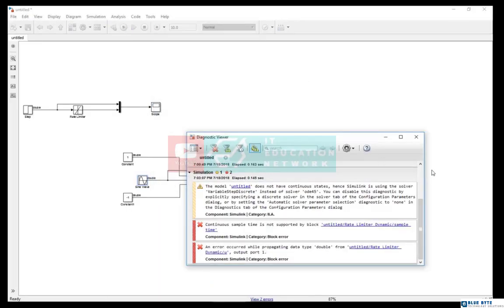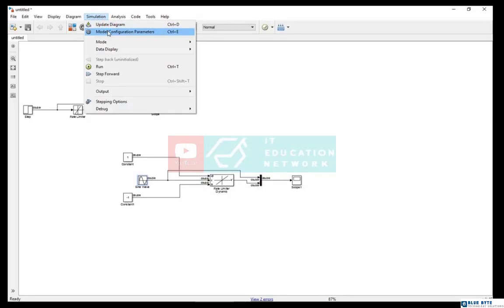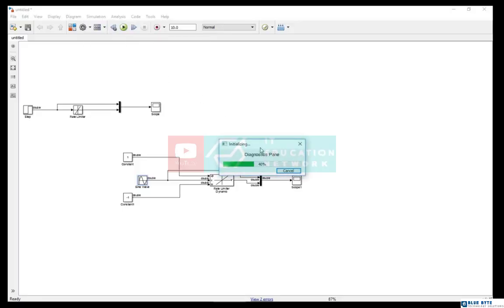Again, we have the error. In order to solve it, I go to simulation and choose the model configuration parameter. I will explain this part in the last chapter.